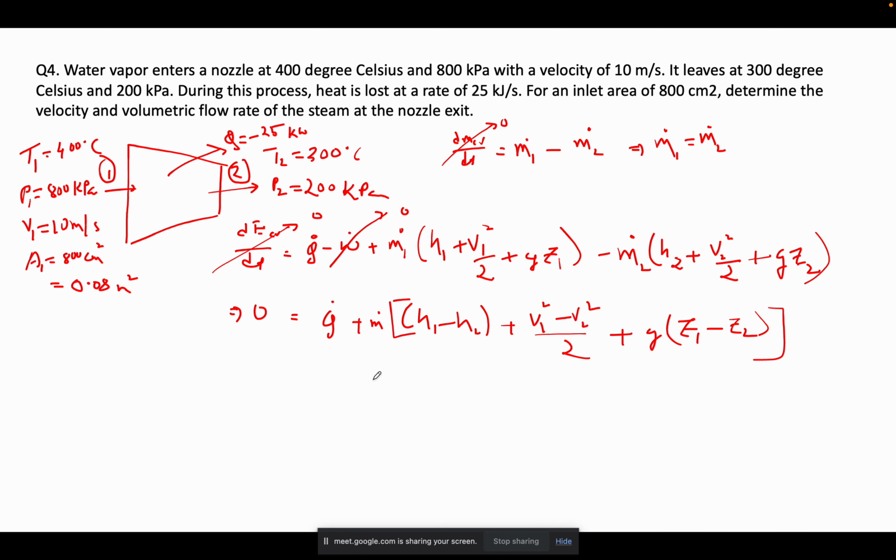Now the change in potential energy we can also neglect, since nothing is said about it. So we are left with these things.